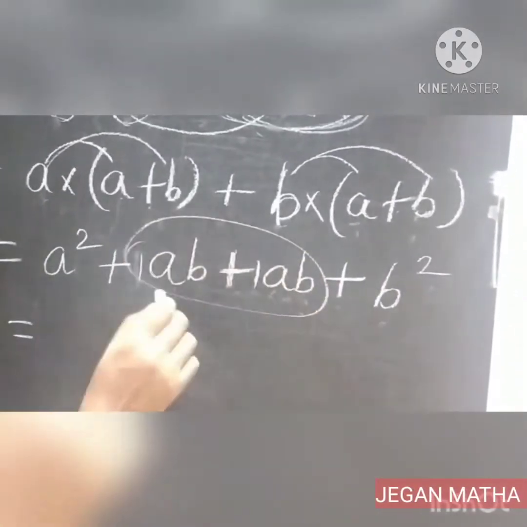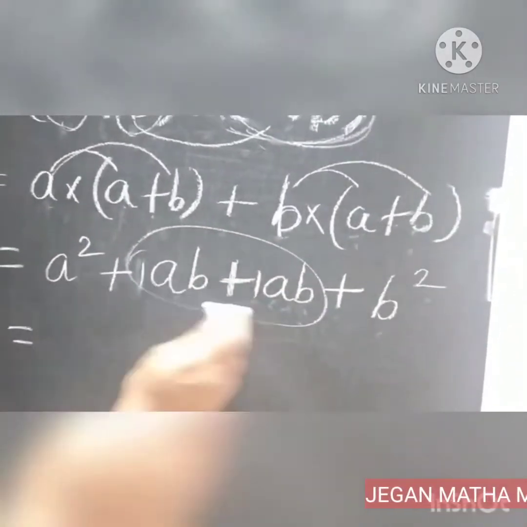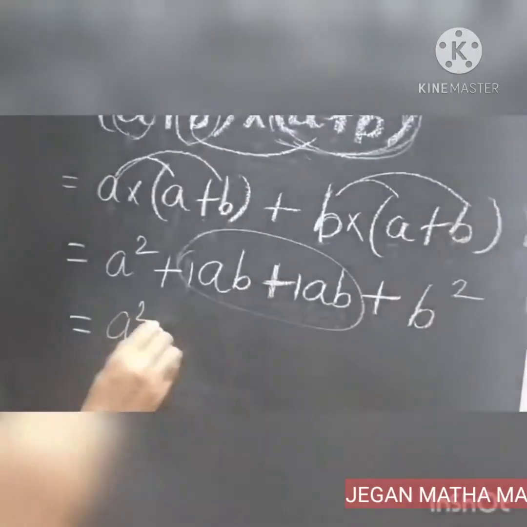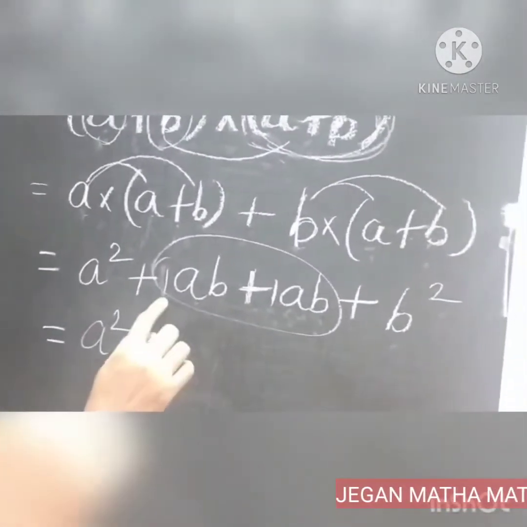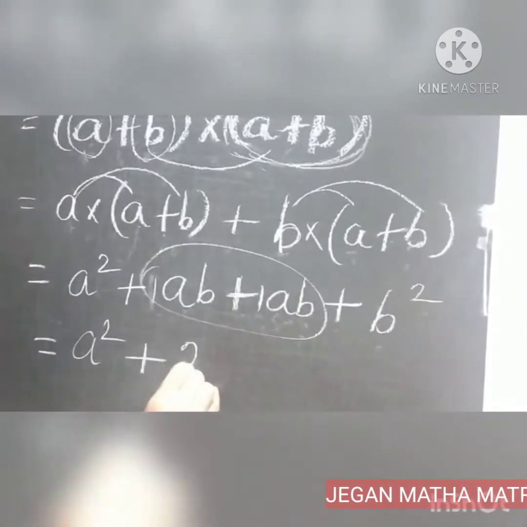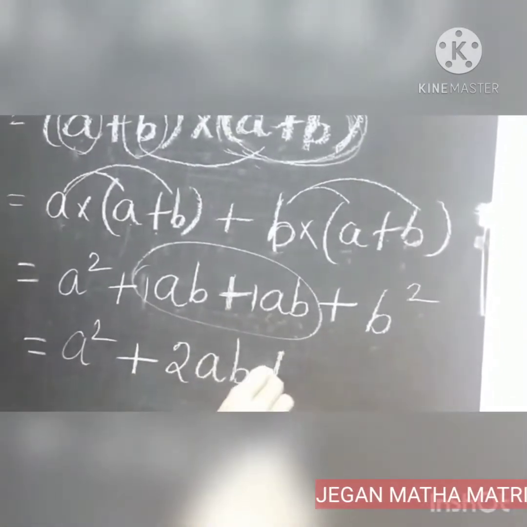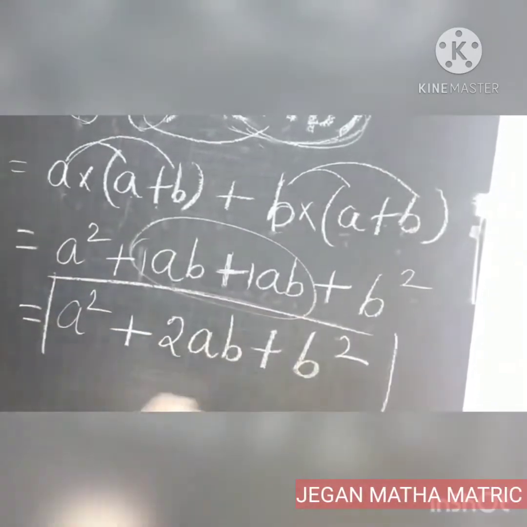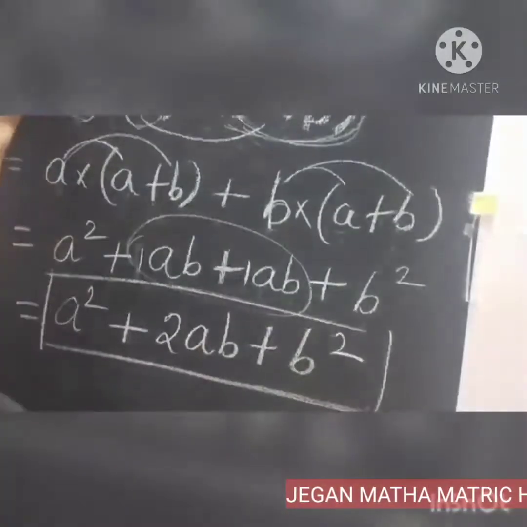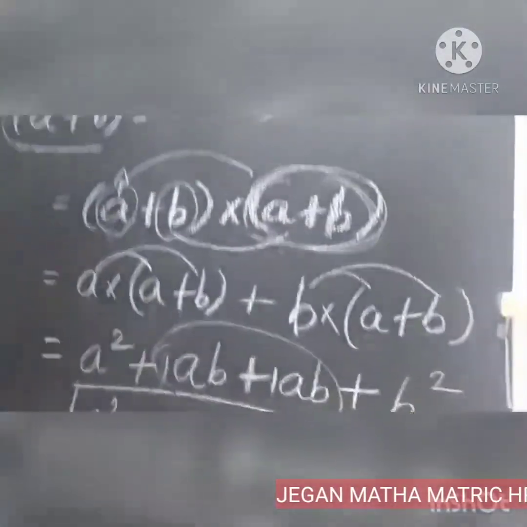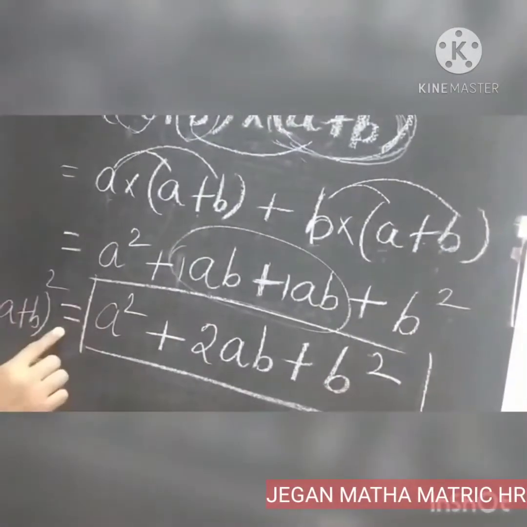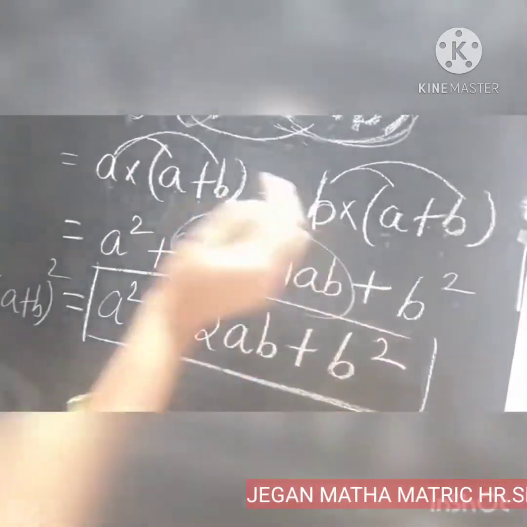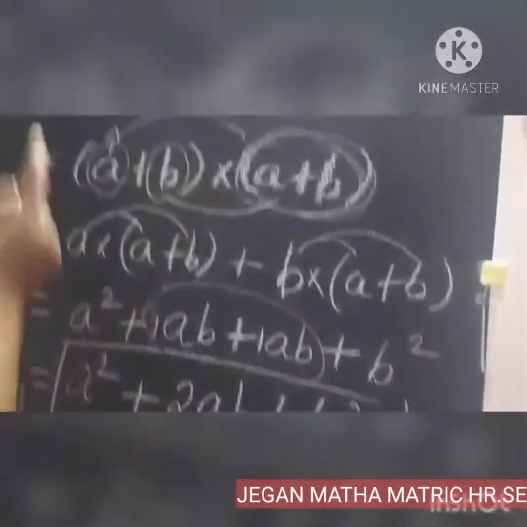So these two middle terms are like terms, so you have to add. Keep a squared as it is, a squared plus 1ab plus 1ab, 2ab, plus the last term b squared. So this is the answer for the first one: a plus b the whole squared equals a squared plus 2ab plus b squared. Is it clear? This is the first identity.